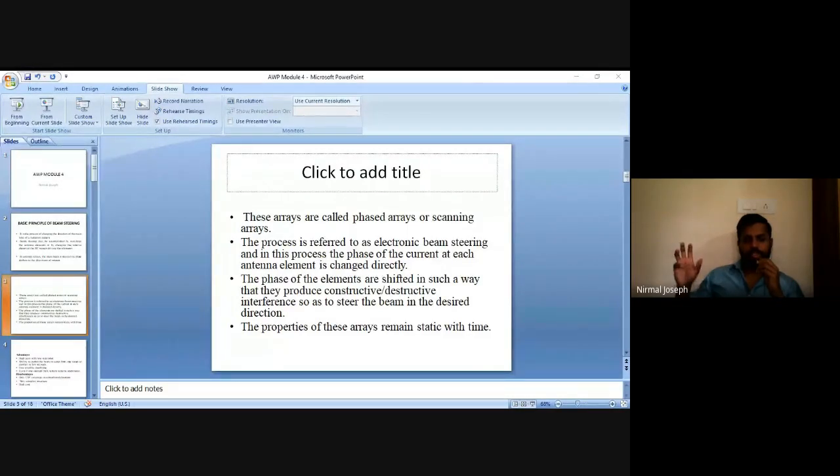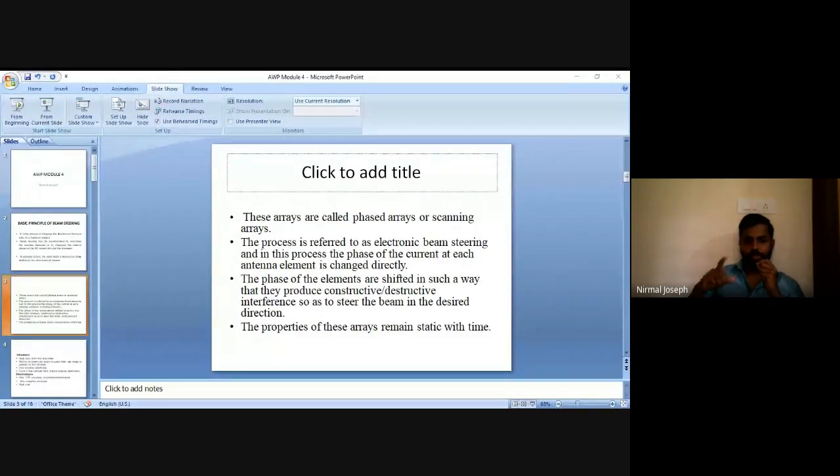In the directions where the waves interfere constructively, there will be the maximum directivity, or the major lobe will be directed in that particular direction, and all other directions where the waves interfere destructively will have minor lobes.